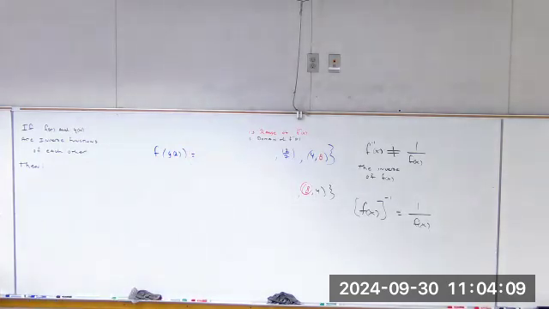If f undoes g and g undoes f, what am I supposed to get if I take f of g of 2?